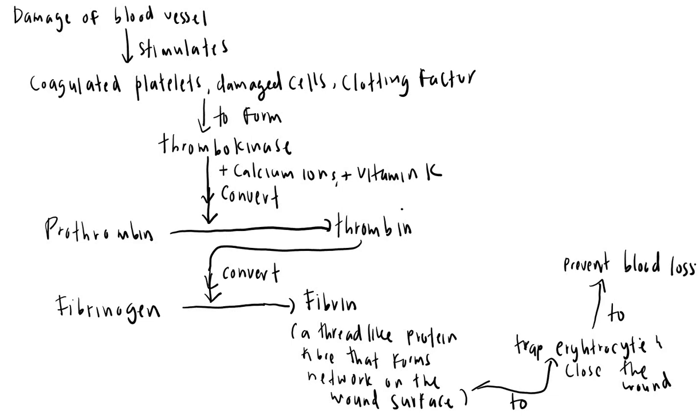So this is how the process of blood clotting occurs. You must remember this one. The important thing is thrombokinase. Then prothrombin to thrombin, fibrinogen to fibrin, and then what happens at last? Okay, so this is the process.